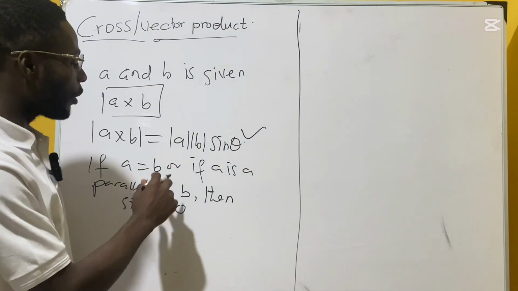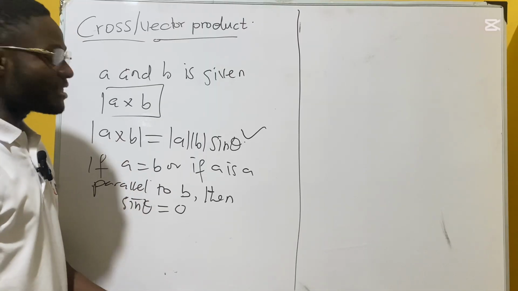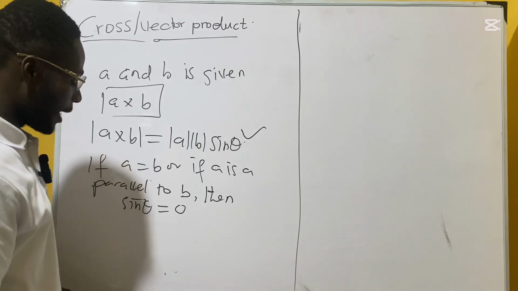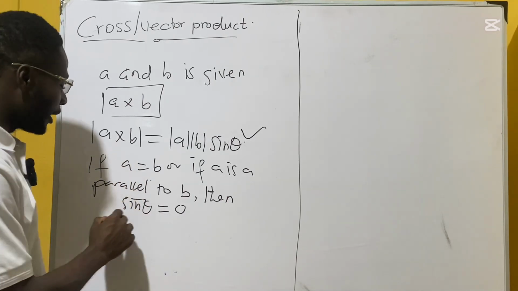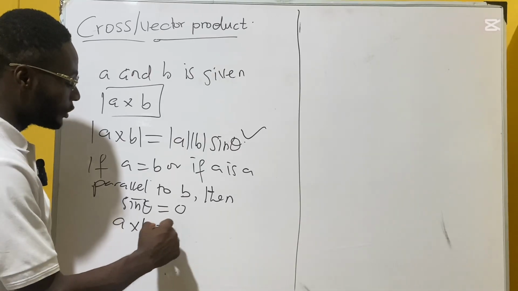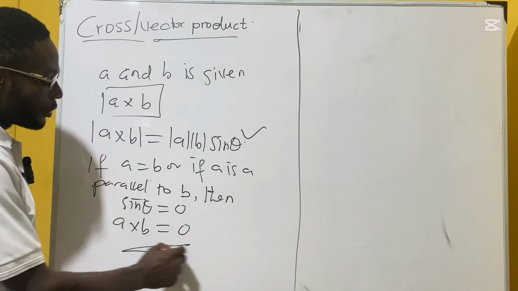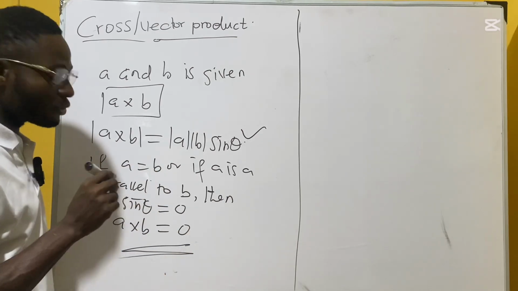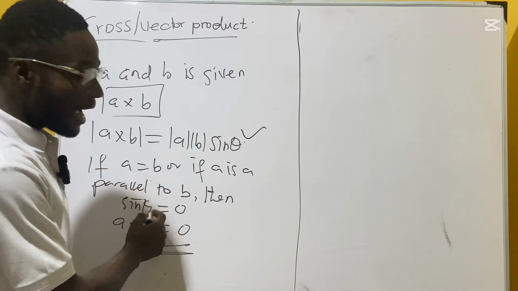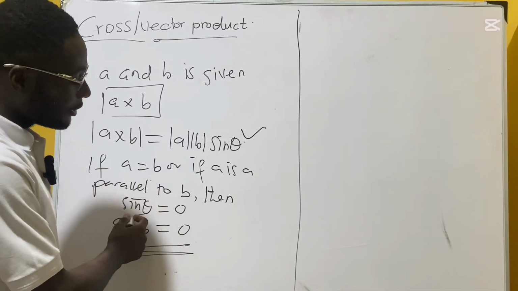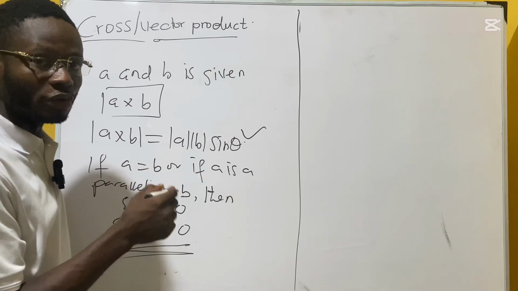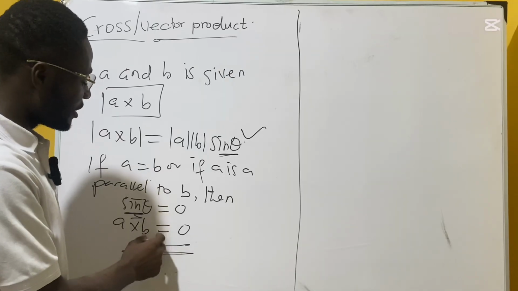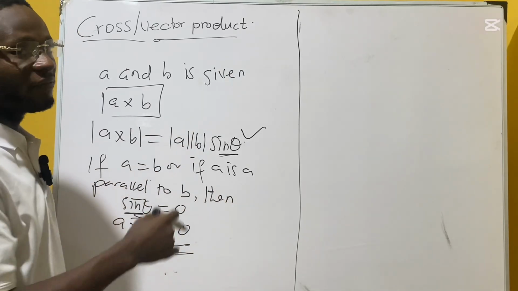If A is parallel to B, then sine theta over here will be equal to 0, and we define A cross B to be equal to 0. So if A is parallel to B, the angle between them will be equal to 0. That is basically all about the vector product.